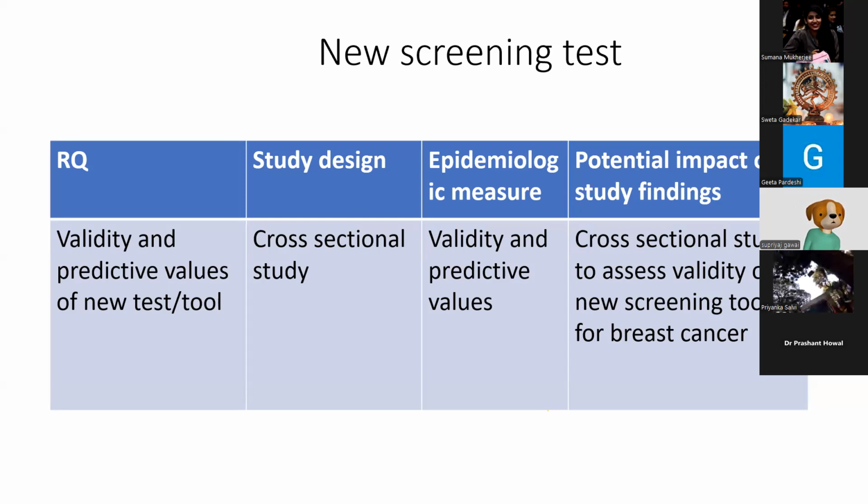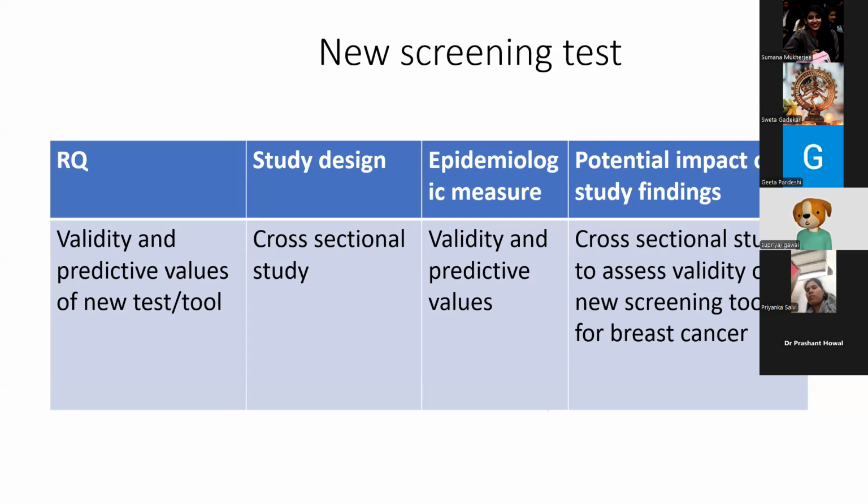So again, this would require a cross-sectional study wherein both the new test as well as the gold standard test is offered to the participants, and you then assess the validity and the predictive value of the test against the gold standard. An example of this kind of study would be a cross-sectional study to assess validity of a new screening tool for breast cancer.